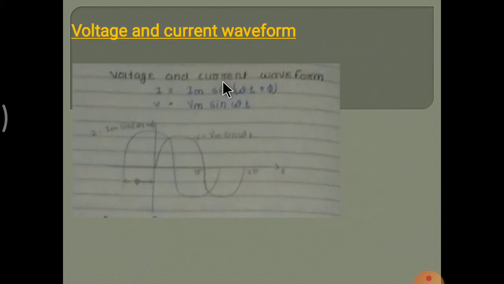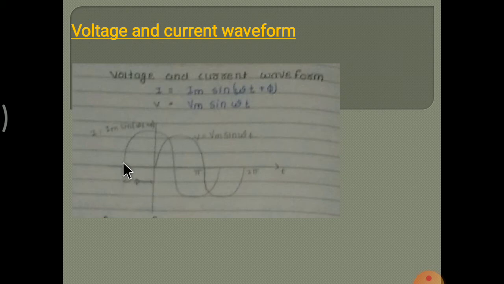In the voltage and current waveform, this is the reference line or time t. The voltage waveform starts from 0 as usual, the ideal voltage waveform, V is equal to Vm sin omega t, and the current waveform starts before the voltage waveform, so the current is leading the voltage waveform by an angle phi.